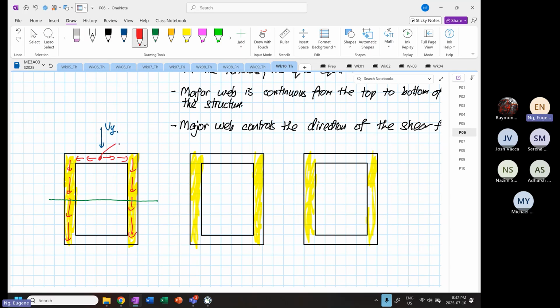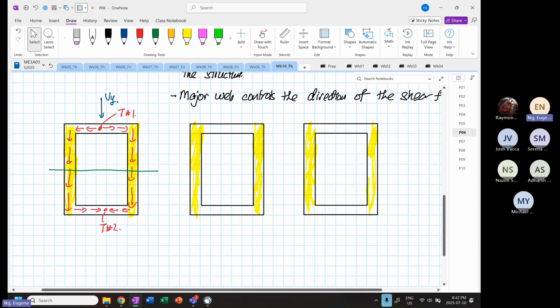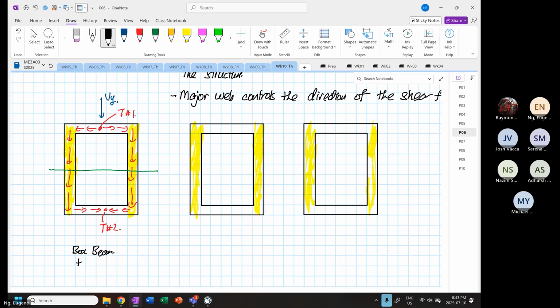Then over here, this is our terminal number 1. At the bottom, this is our terminal number 2. So this is thin wall, box beam.